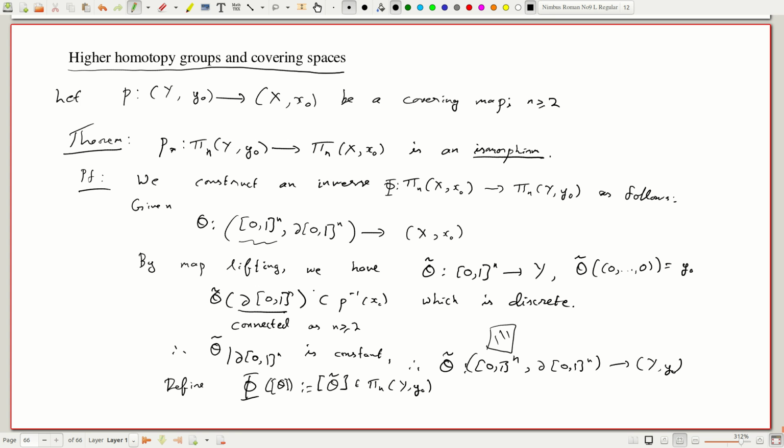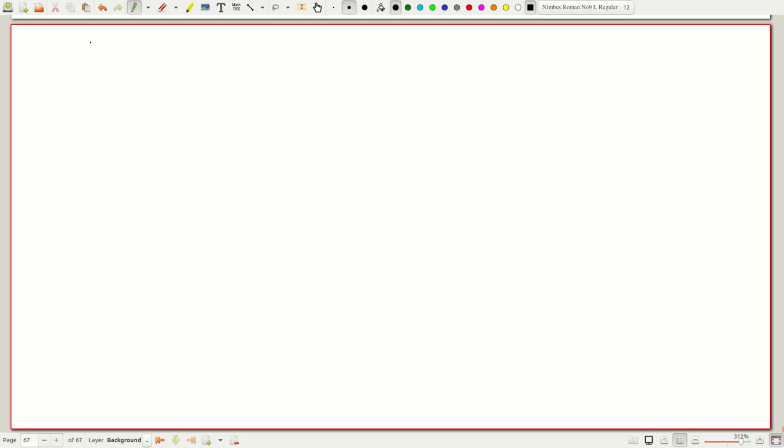Okay, so what we have is that, again, n is greater than or equal to 2. What we have is that pi n of X, x0 is a module over the group ring. So it has an action of the fundamental group, a pi 1 of X, x0 module.